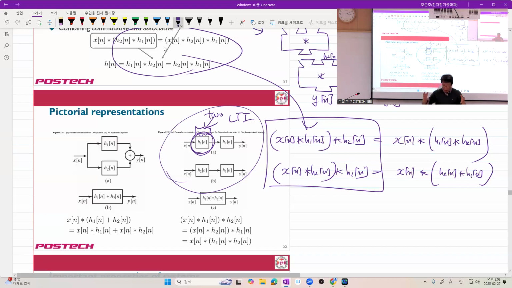And you also have the second system that is not LTI, but it behaves very close to LTI with impulse response H2 in some range of input. In that case, your serial interconnection of H1 and H2 may be okay. But if you change the order, suddenly the system fails.